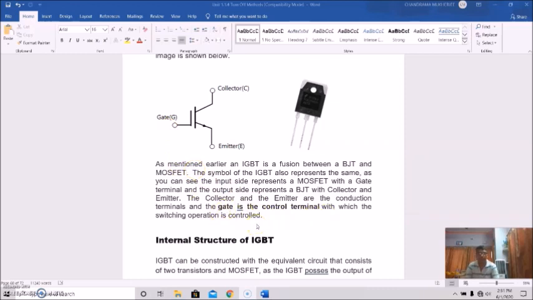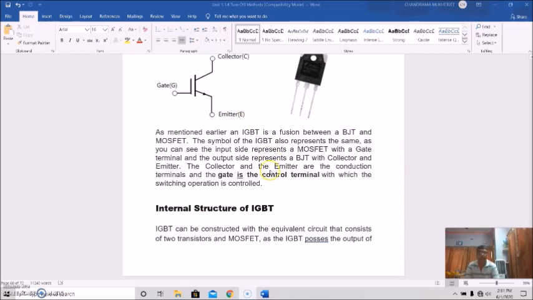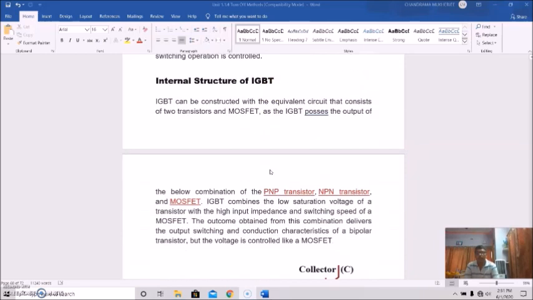Very interesting: since it is a fusion of BJT and MOSFET, the MOSFET contributes its gate terminal, which is used for control, and the BJT contributes the collector and emitter portion for the conduction terminals.